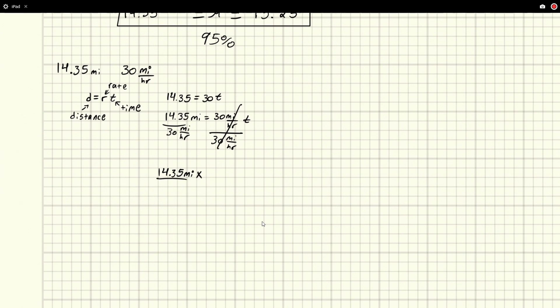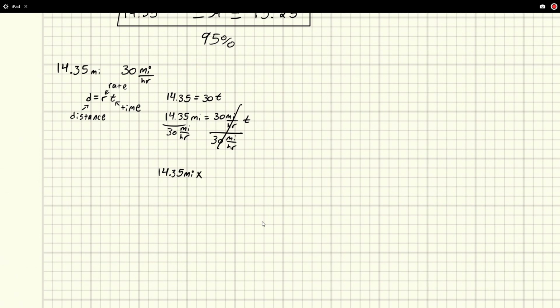So it's still going to be divided by 30. In fact, we can write it out a bit differently so it's a little more clear. When we flip it, because the way we divide a fraction by a fraction, because this here is a fraction, is we multiply by the reciprocal, because if we do that, it'll be hours and miles, and those will cancel out.